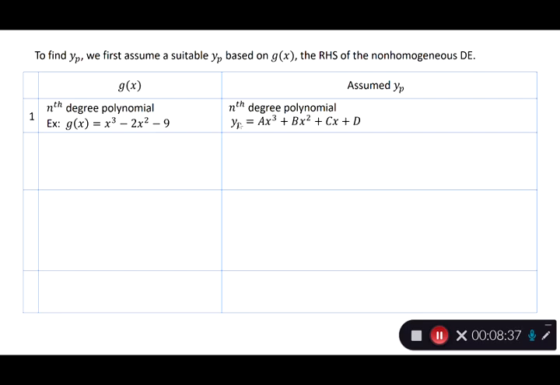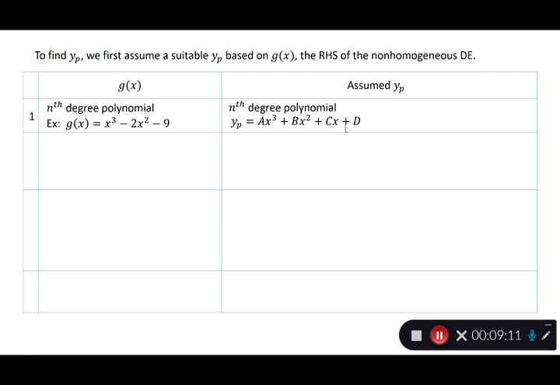What I mean is the coefficients of x cubed, x squared, and all of that are unknown quantities, some constants a, b, c, and d. And the whole idea is, once you assume like this, we should have some way of figuring out the constants a, b, c, d. Depending on the specific g of x and the differential equation, we can actually find the values of a, b, c, d.